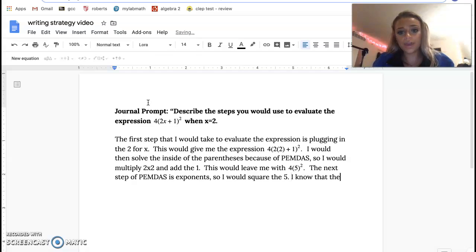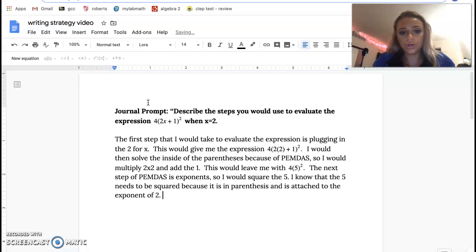I know that the 5 needs to be squared because it is in parentheses and is attached to the exponent of 2.